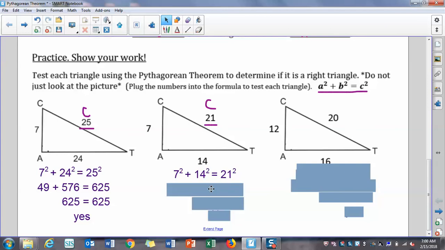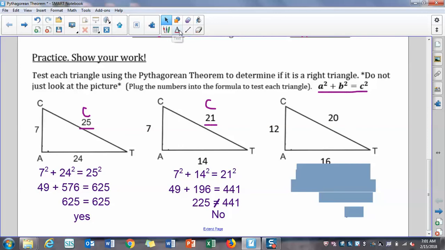Now evaluate each of the exponents, so we get 49 plus 196 is equal to 441. Now if we add 49 and 196, we get 245. 245 is not equal to 441, so no, this triangle is not a right triangle. Those lengths do not make up the lengths of a right triangle.